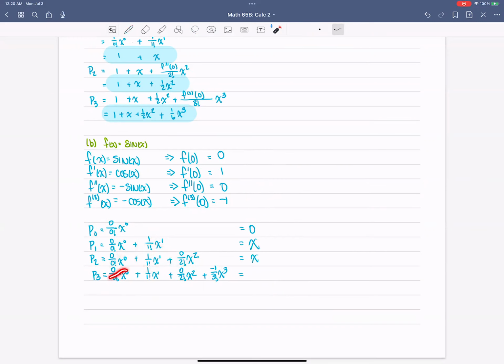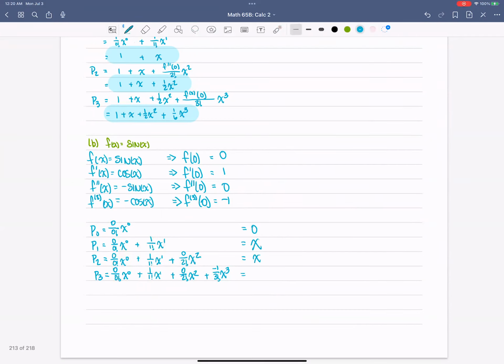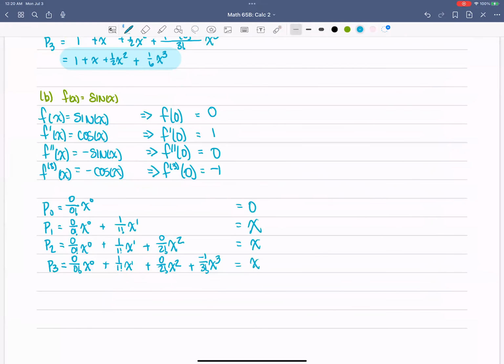The last one, we have x minus 1 over 6 x cubed. And there we go. Those are our polynomials for sine.